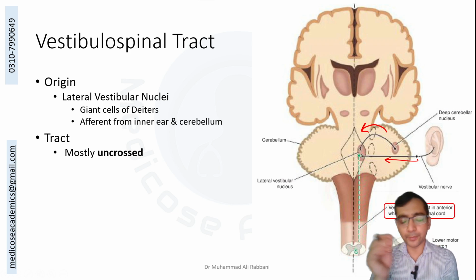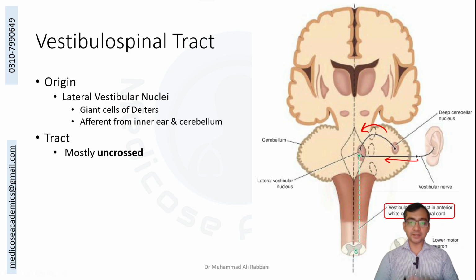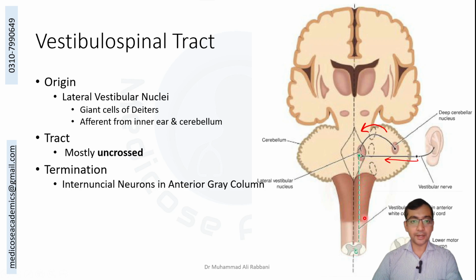So VIPs make you stand. This tract is responsible for facilitating the extensor muscles and inhibiting the flexor muscles. So you don't cross your legs while standing. This is mostly an uncrossed tract, and it moves down and ultimately terminates on the internuncial neurons in the anterior gray column.